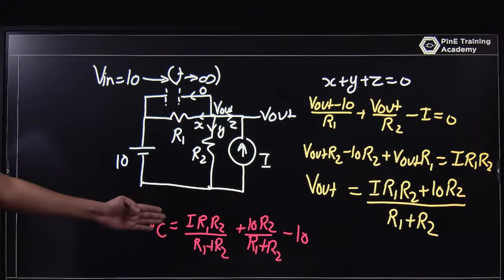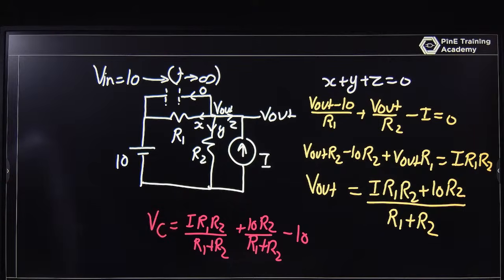This is I R1 R2 upon R1 plus R2 minus 10 R1 upon R1 plus R2. That will be your value of VC.